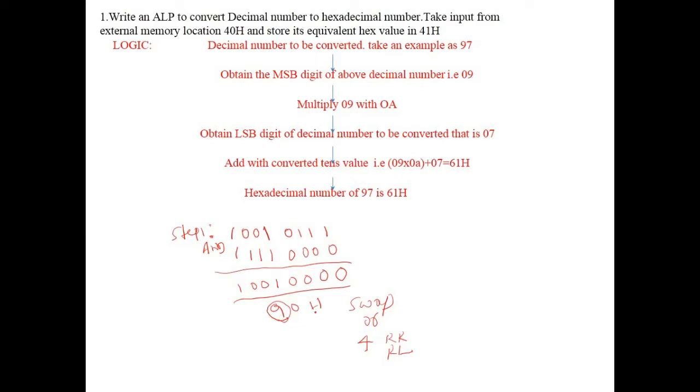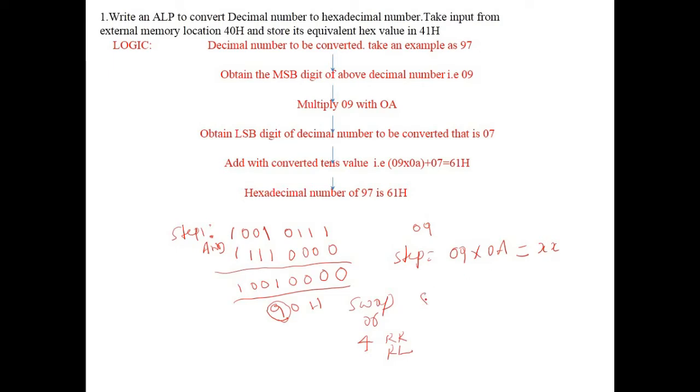So after swapping 90H, we get 09. Step 2 is to multiply this 09 with 0AH, and we will assume the result is X6.